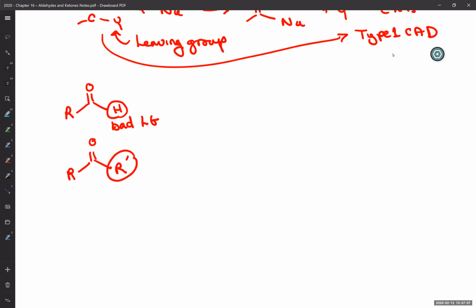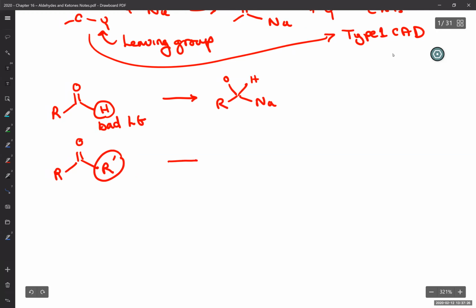You're going to take a nucleophile, attack the carbon, and end up doing something like this, or something like this. I'll cap that oxygen off.